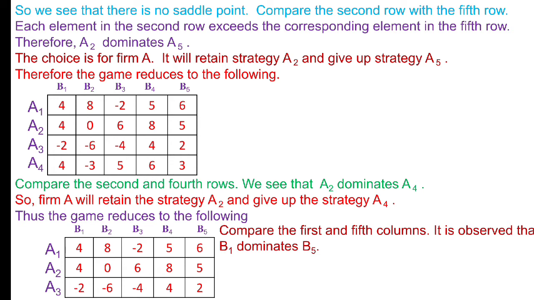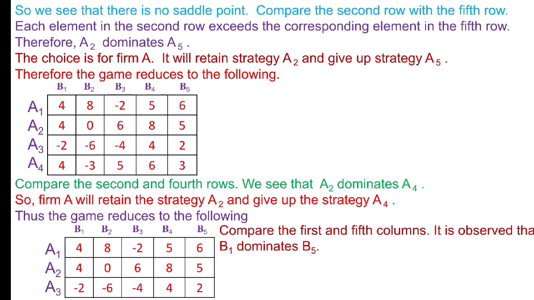See, compare that. In the fifth column all the elements are greater than the first column. So the fifth column will be deleted because column 1 is dominating column 5; column-wise the minimum is considered and the maximum will be deleted.